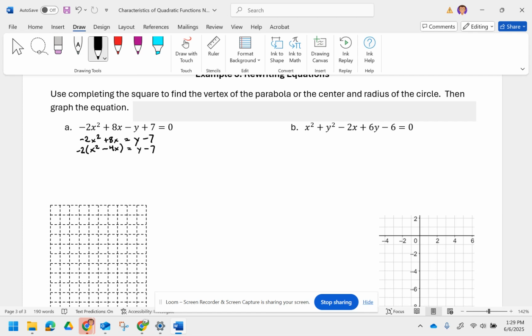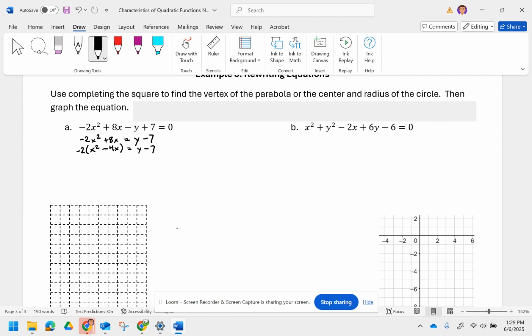All right, so now here in the parentheses, I have something that I can complete the square with. I know that minus 2 and minus 2 could give me the minus 4. So then a minus 2 times a minus 2 would give me a positive 4.